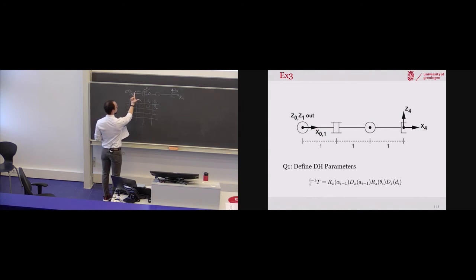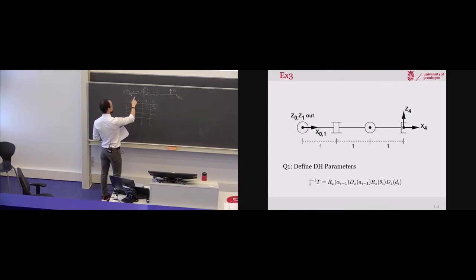In this case, I have to move the frame from this to this, therefore I have to do minus 90 degrees. And there is also a translation of exactly 1. Therefore, we have 1, minus 90 degrees.